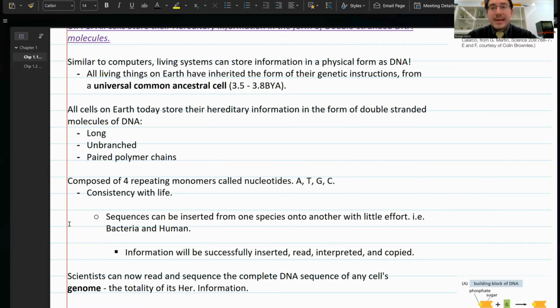Which is DNA, which means that in the sense of evolution, we must have come about from a universal common ancestral cell that had that initial machinery to be able to store information, right? Which probably came about around 3.5 to 3.8 billion years ago.